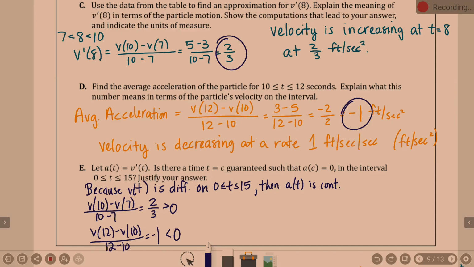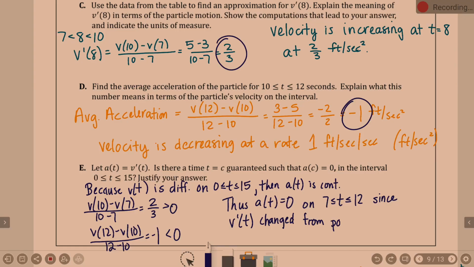Thus, a of t equals 0 on the interval 7 less than or equal to t less than or equal to 12, since v of t changed from positive to negative. We just don't know where.